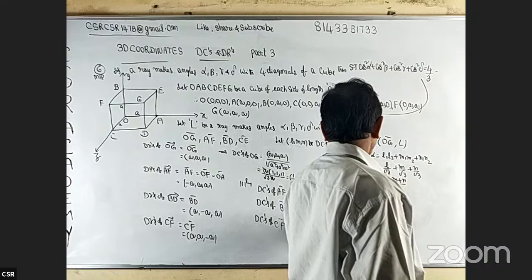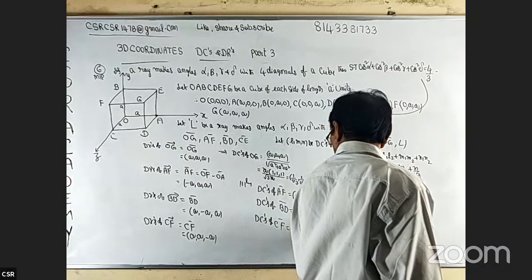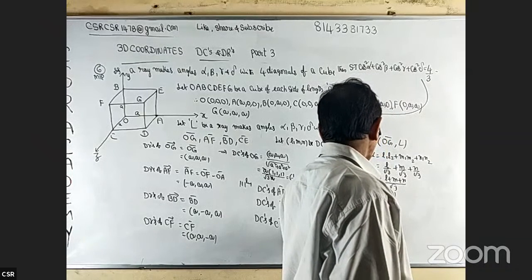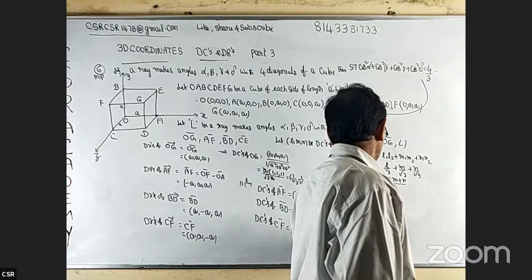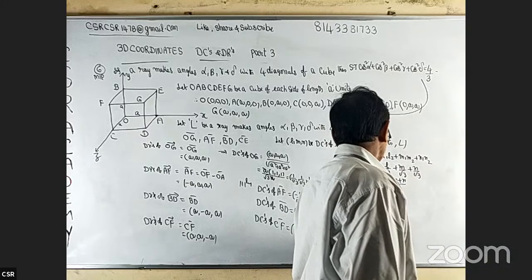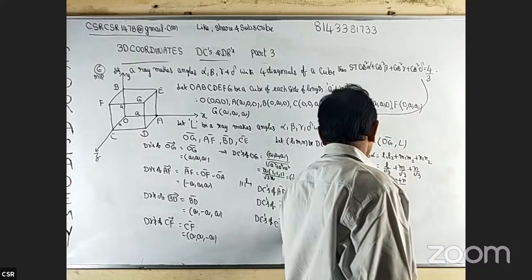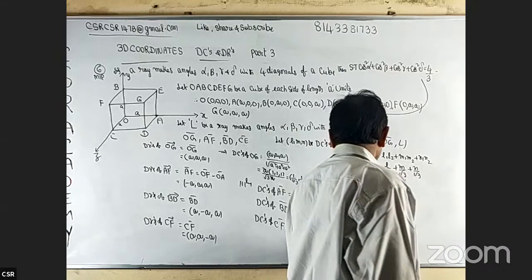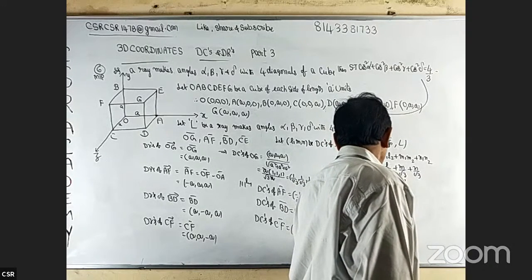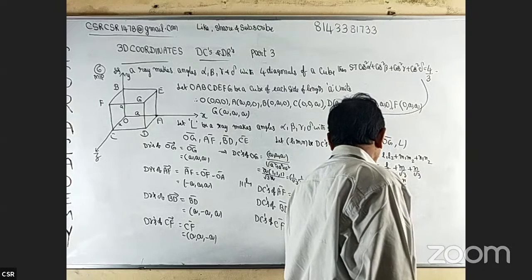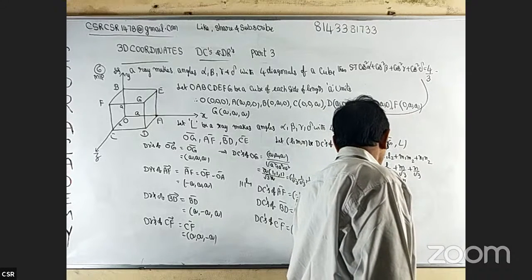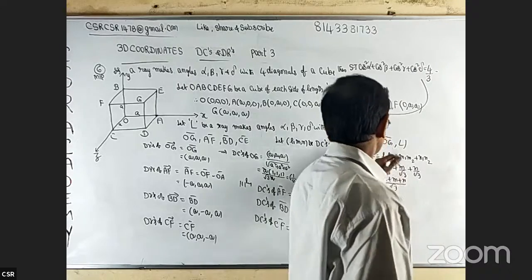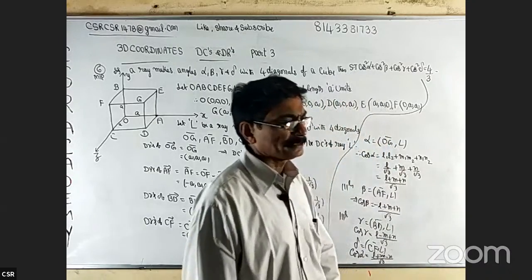Similarly, gamma is the angle between BD and L, so cos gamma is equal to (L minus M plus N) by root 3. Similarly, delta is the angle between CF and L, so cos delta is equal to (L plus M minus N) by root 3. If you can do one, all the others follow.